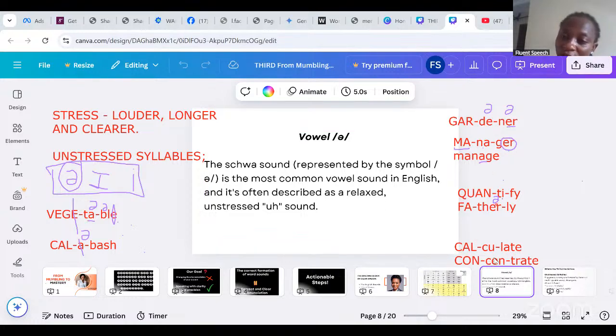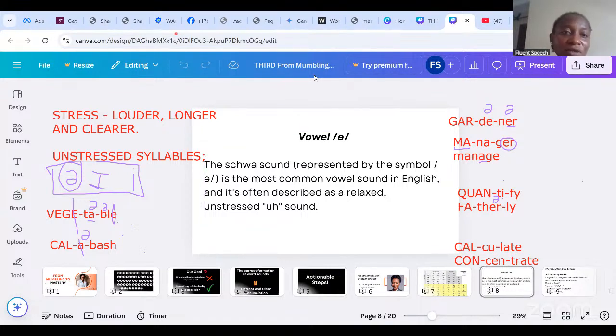Then for all the words here, the rule states that trisyllabic words ending in ER, FY, LY, and ATE are stressed also on their first syllable. So if you have a word that has 3 syllables, if it ends in ER, or FY, or LY, or maybe ATE, then you should stress the word on its first syllable.